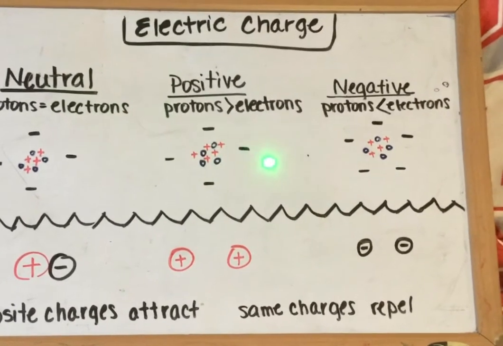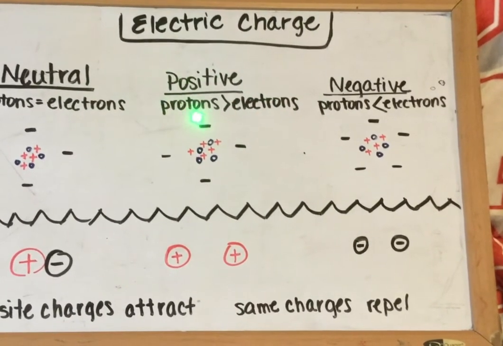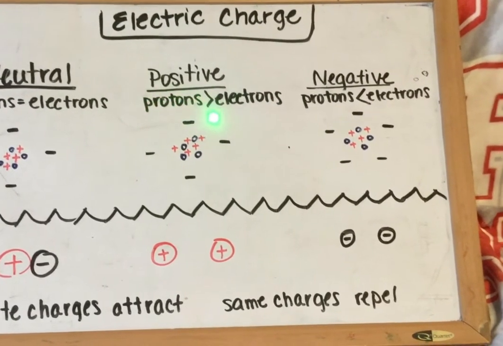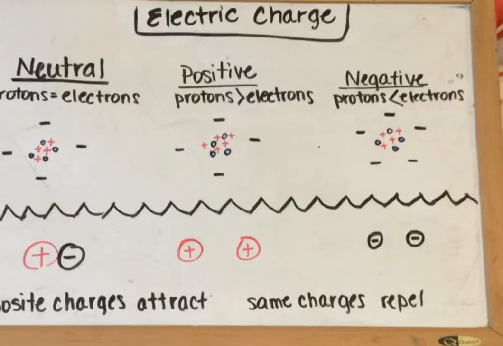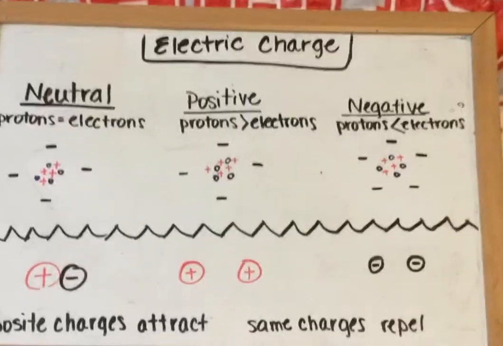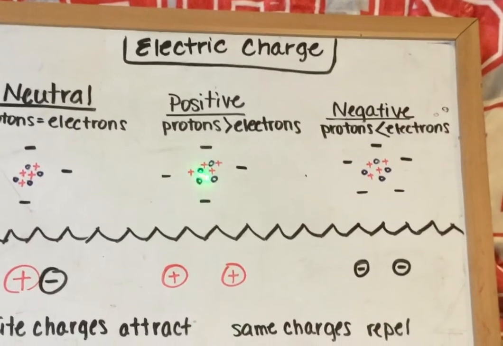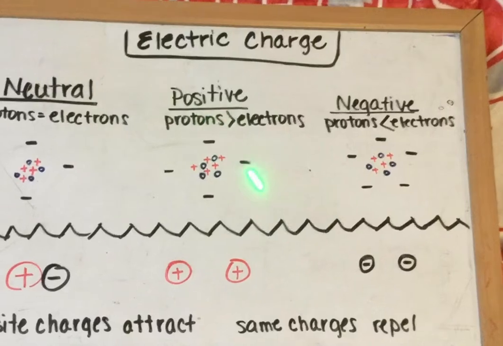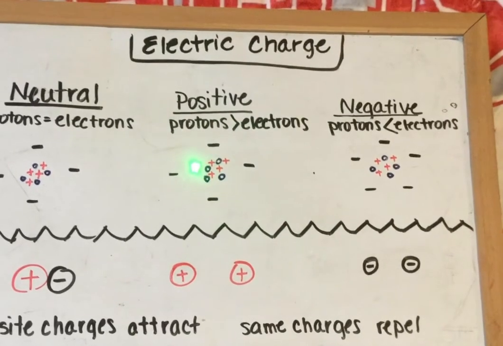To get a positive electric charge, you have to have more protons than electrons. So your number of protons is greater than your number of electrons. You can see here there are 5 plus signs, which represent our protons in the nucleus, and 4 electrons. These minus signs are our electrons flying around the outside.